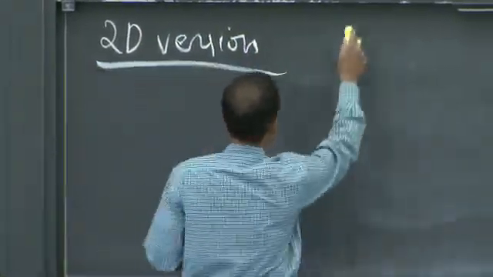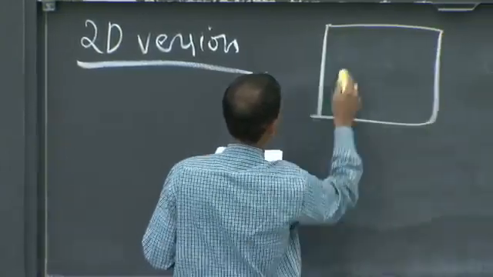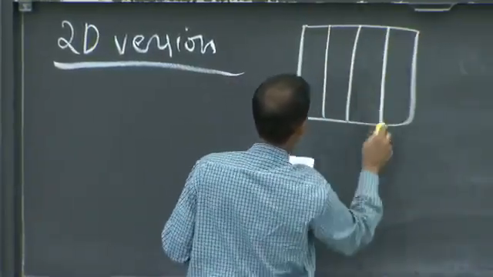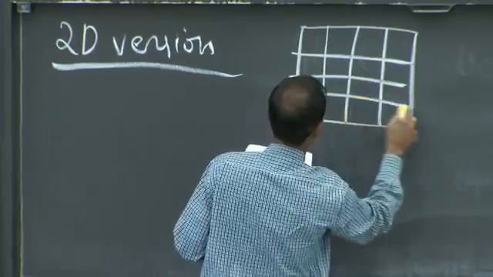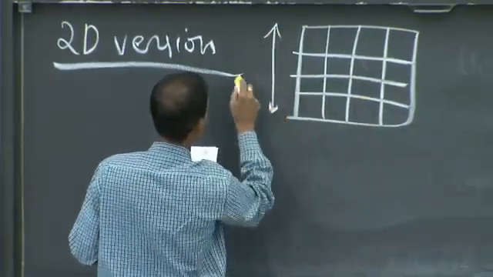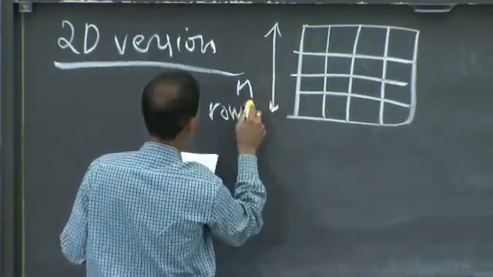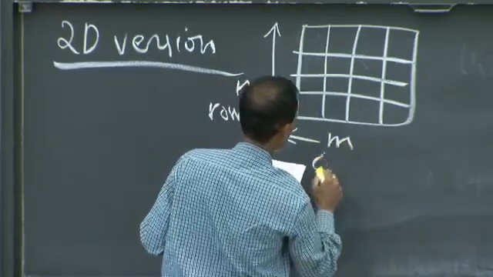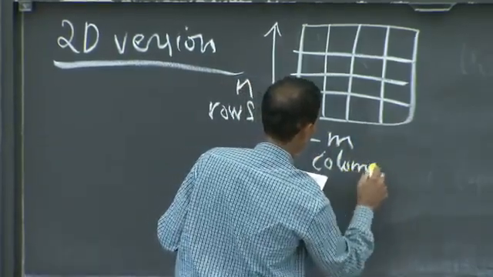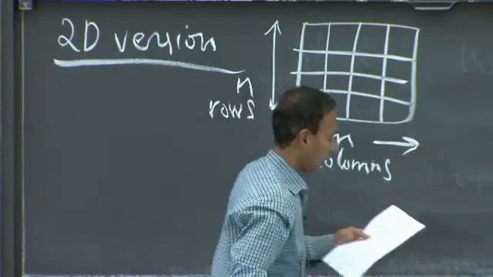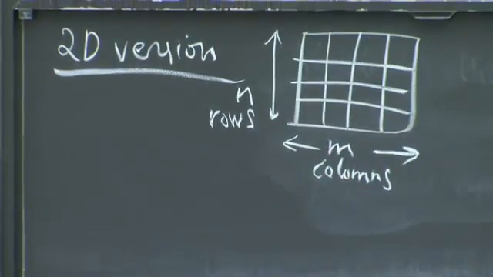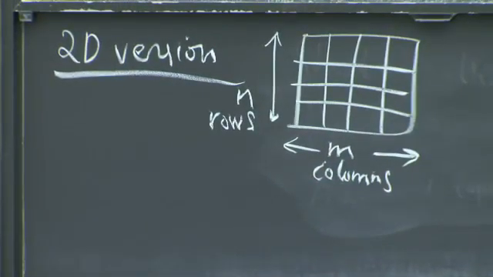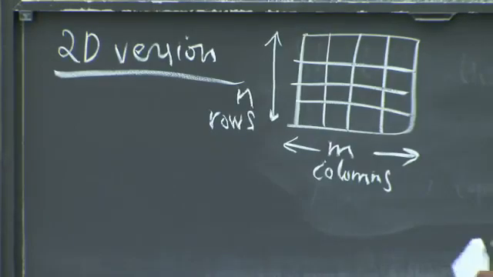As you can imagine, in the 2D version, you have a matrix or a two-dimensional array. And we'll say this thing has n rows and m columns. And now we have to define what a peak is. It's a hill. It's the obvious definition of a peak.